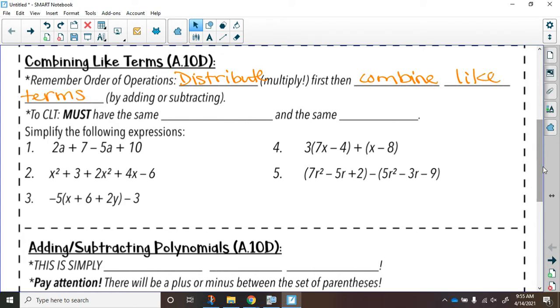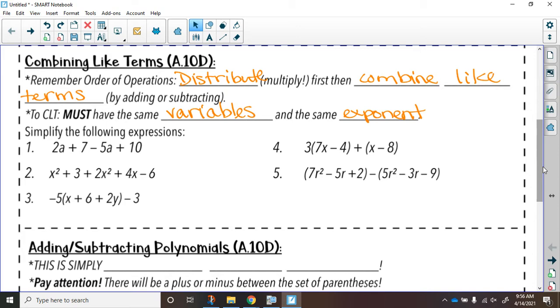We combine like terms using addition or subtraction. In order to combine like terms, they need to have 2 things: the same variables and the same exponent. They have to match exactly for us to be able to combine them.